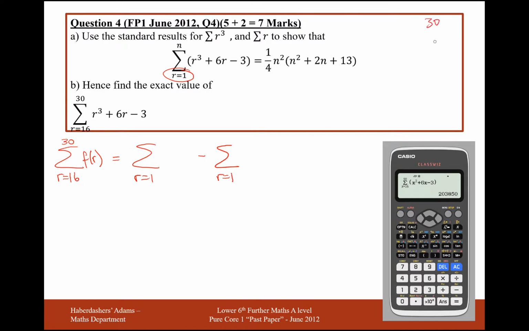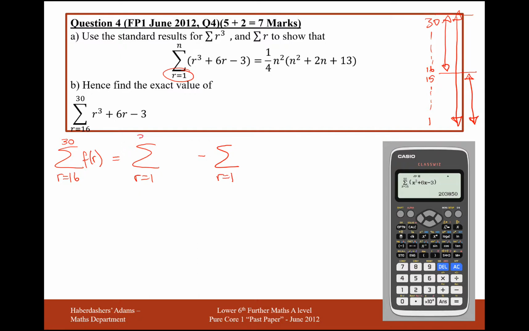If I wanted to add together all of the numbers from 16 up to 30, but I only had a formula that worked from 1 up to something, then I would need to do the summation of all of those terms from 1 up to 30, take away the summation of all of those terms up to 15, and then I've only got left the summation from 16 up to 30.